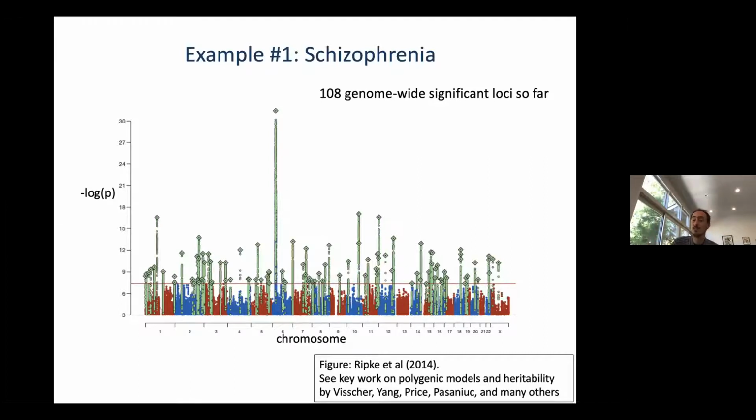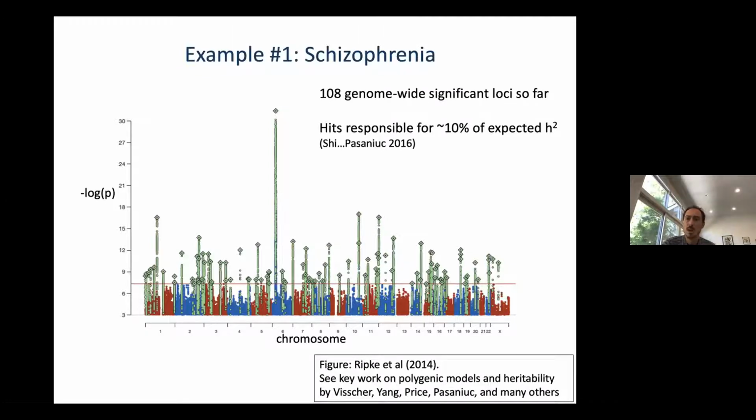I think that schizophrenia is a relatively extreme example of this. So in the latest published meta-analysis, which is about 6 years old now, they had 108 genome-wide significant loci, and that's using about 200,000 individuals.